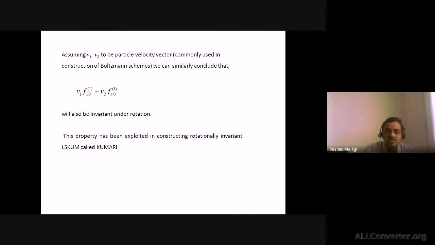So what I had shown, that there is no preferred direction of propagation, will be satisfied by the numerical scheme. So this particular aspect was used in developing LS comb. LS comb was developed to include invariance, and that method was called Kumari. That was my research work actually.